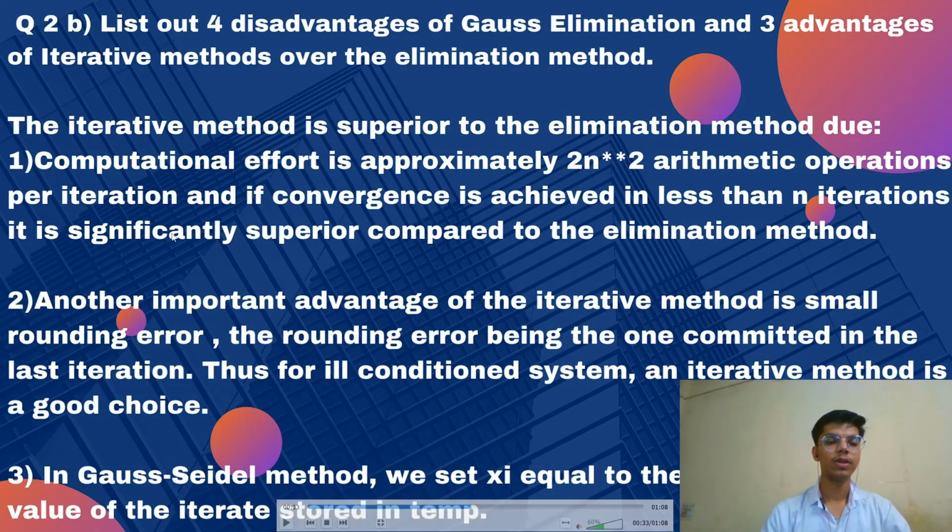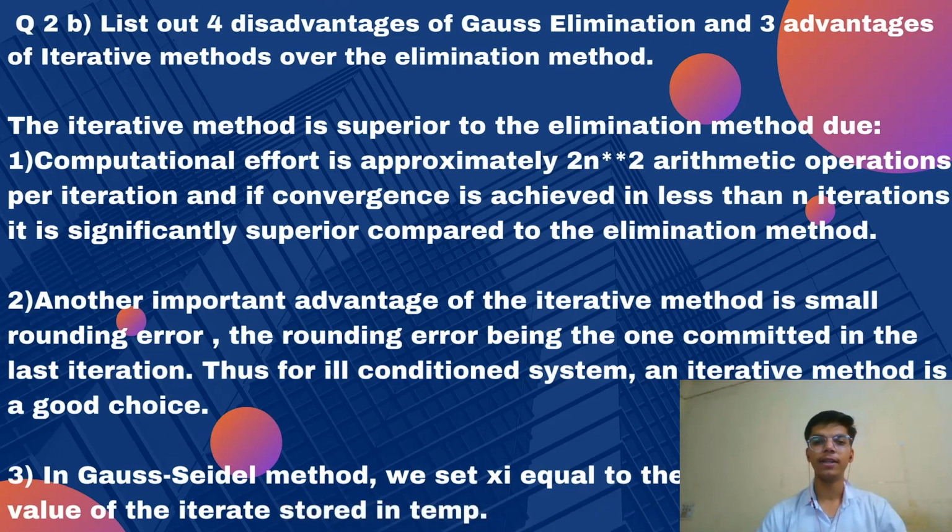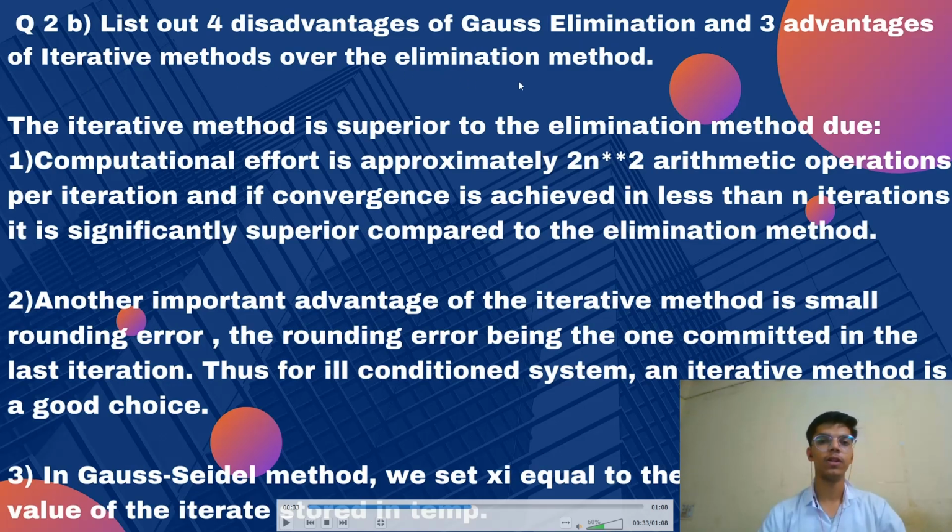Now in the next question, we have to list out 4 disadvantages of Gauss elimination and 3 advantages of the iterative method over the elimination method. The iterative method is superior to the elimination method due to, first point, computational effort is approximately 2n square arithmetic operations per iteration, and if convergence is achieved in less than n iterations, it is significantly superior compared to the elimination method.